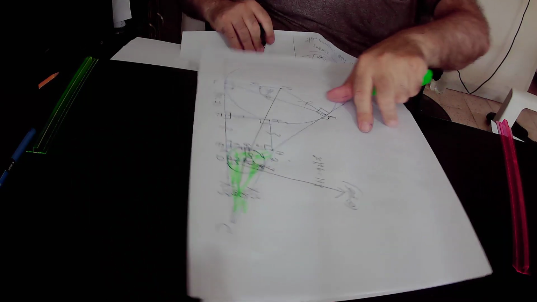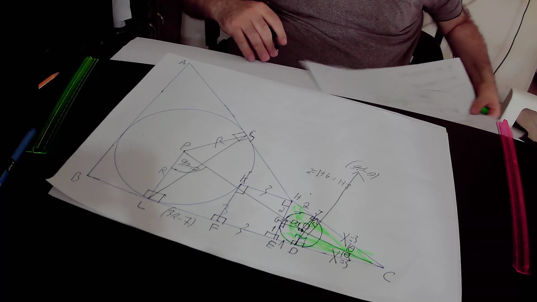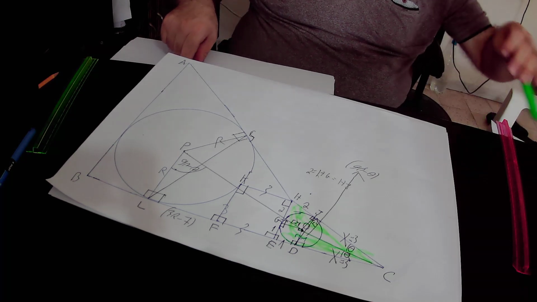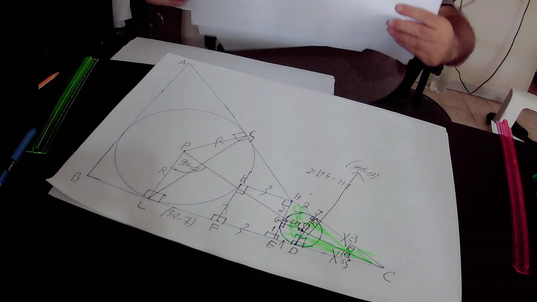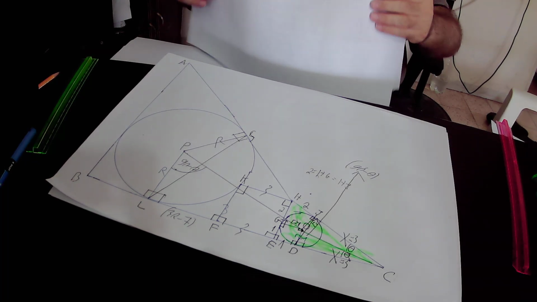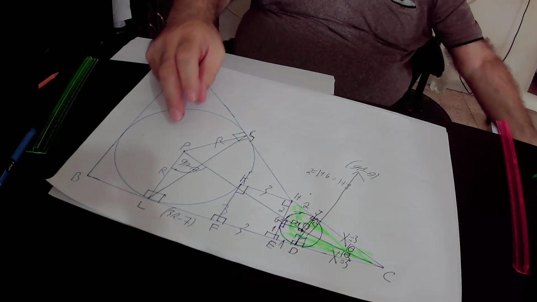Because the side length of the square is equal to 3 units, we will examine three possibilities for the radius of this big circle that we are looking for.